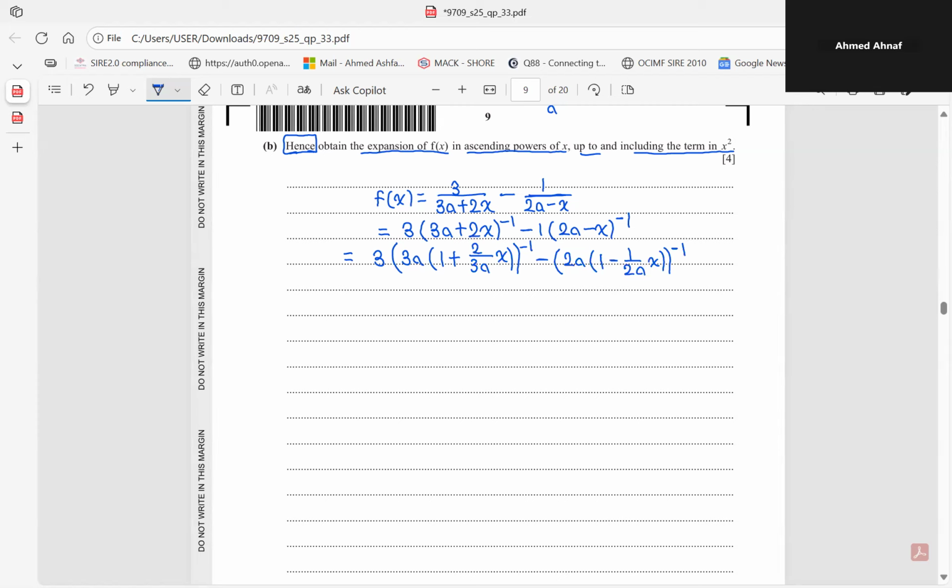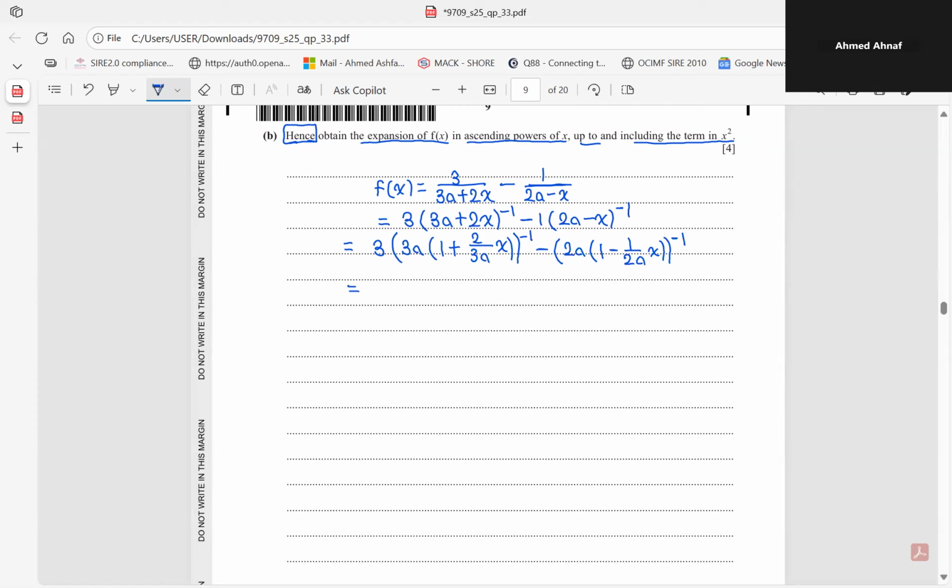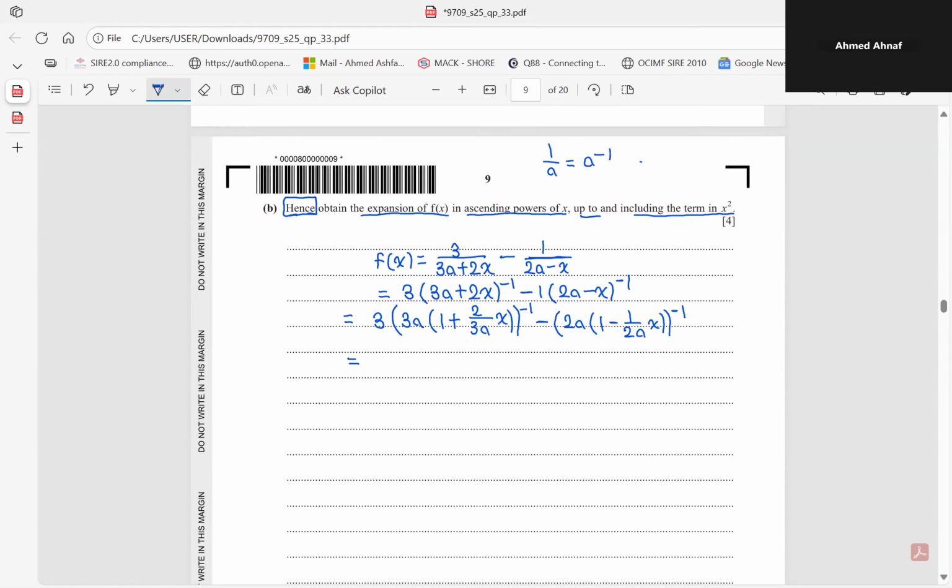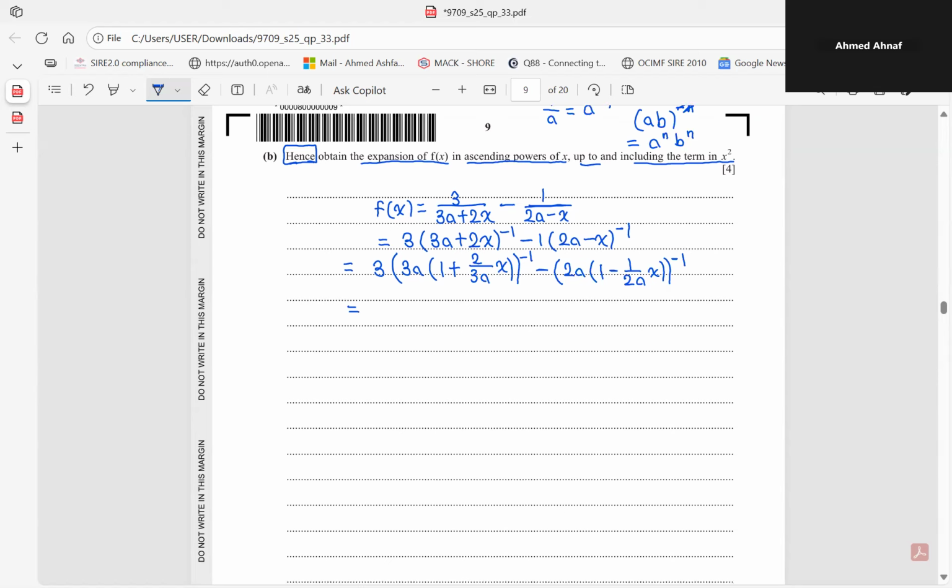Okay, now we're going to distribute the powers using this indices law. If you have a times b to the power of n, you can write it as a to the power of n times b to the power of n.